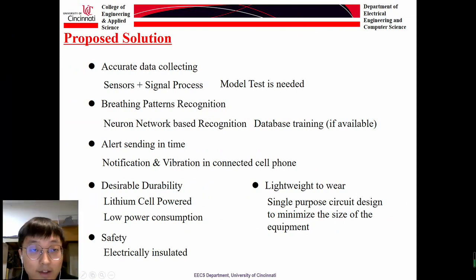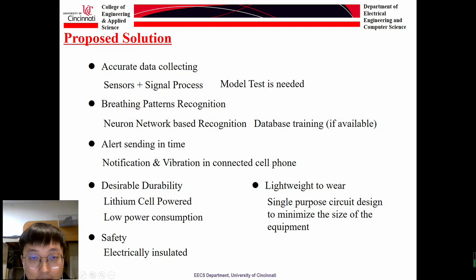And this slide will show the proposed solution of our project design. For the solution to design such an affordable and effective device, the 3 main functions are high priorities: accurate data collecting, clear breathing pattern recognition, and urgent alert sending in time.